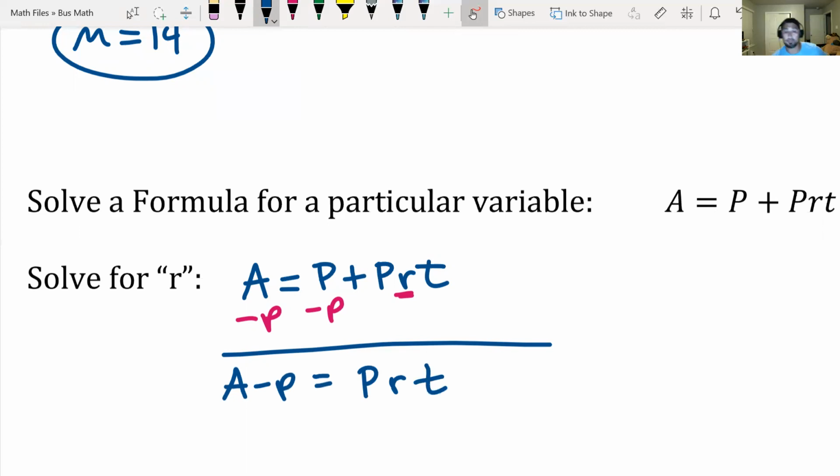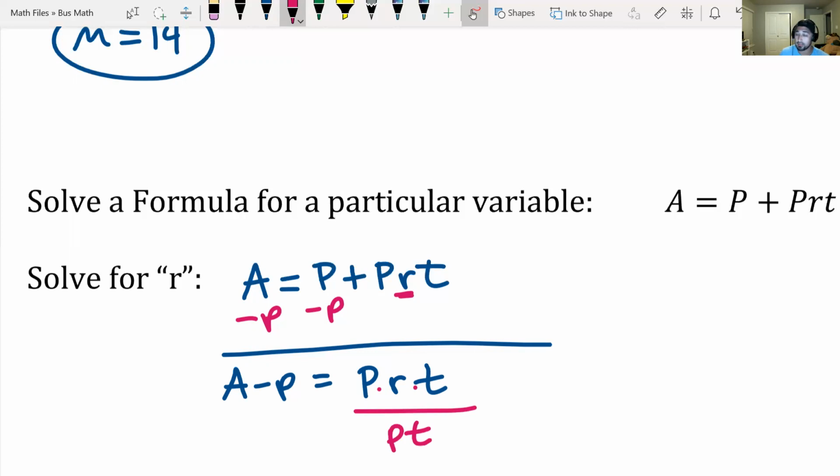equal to PRT. Now, to get R by itself, you have to realize how PRT is held together. PRT is held together by multiplication. And the only way to negate multiplication or to undo multiplication is to divide. So all you have to do here is divide by PT.